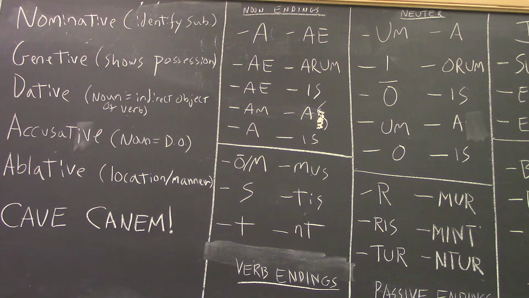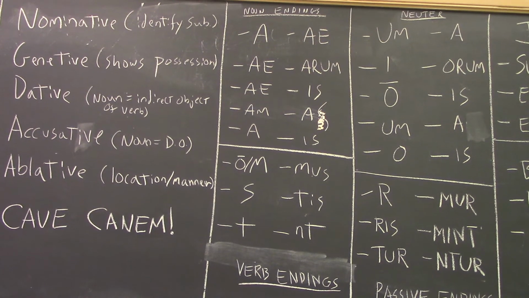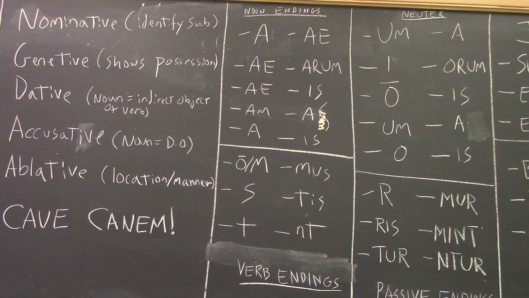Now that we have examined pronunciations, diphthongs, and cases, let's now look at the endings for nouns and verbs. In the case of nouns, first declension noun, your endings are going to be a, I, in the singular, and I, arum, is, as, is in the plural.